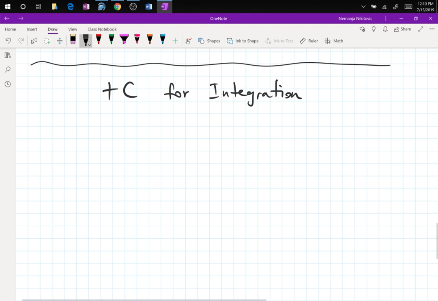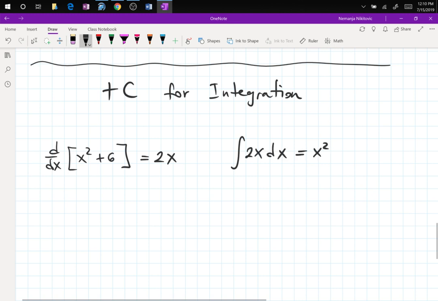Being that integrals are anti-derivatives, they undo derivatives, there is no way to resurrect the constant that was deleted by derivatives. So if the derivative of x squared plus 6 equals 2x, and you take the integral of 2x dx, you get x squared, but you don't get this plus 6 back.